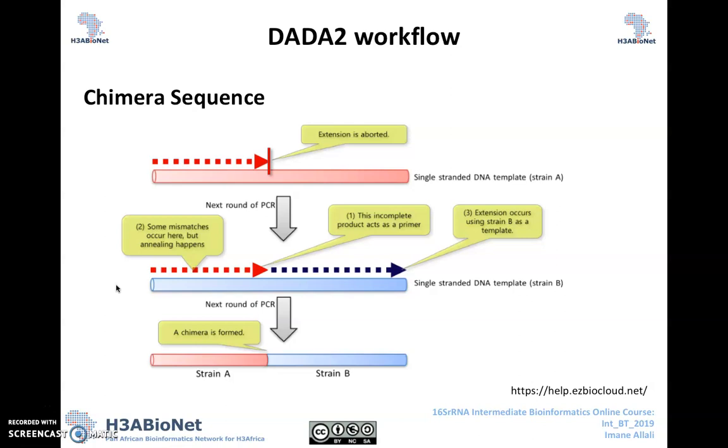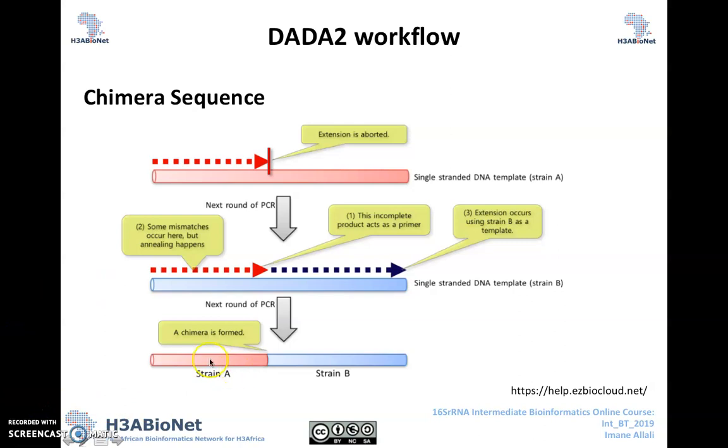The major cause of chimera formation is an aborted extension product from an earlier cycle of PCR, which can act as a primer in a subsequent PCR cycle. If this aborted extension product anneals and primes DNA synthesis from an incomplete template, a chimeric PCR product is formed, and you can see it in this figure.